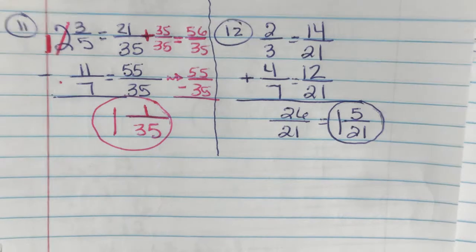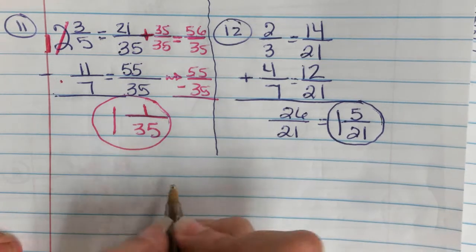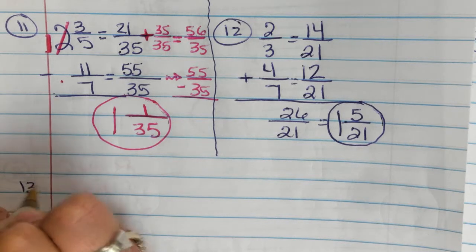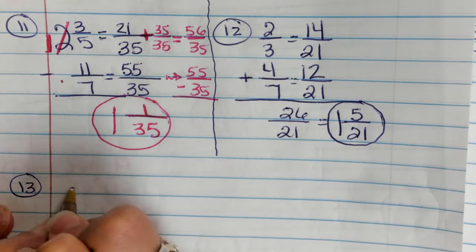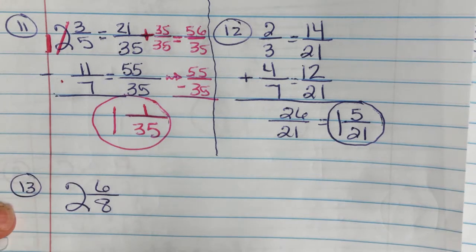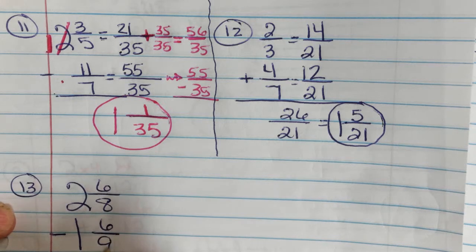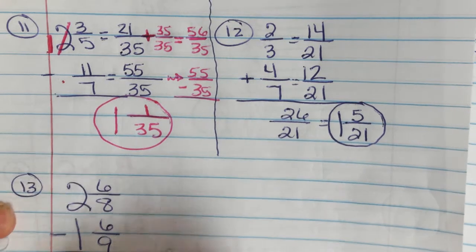Okay, give me a second. Let me find 13 now. Okay, on 13, this is the one that we probably should rewrite. It is 2 and 6/8 minus 1 and 6/9. Give me 1 second. Did I relieve you of a question?